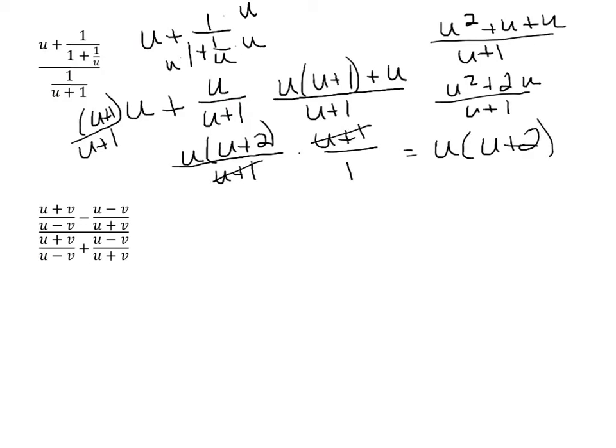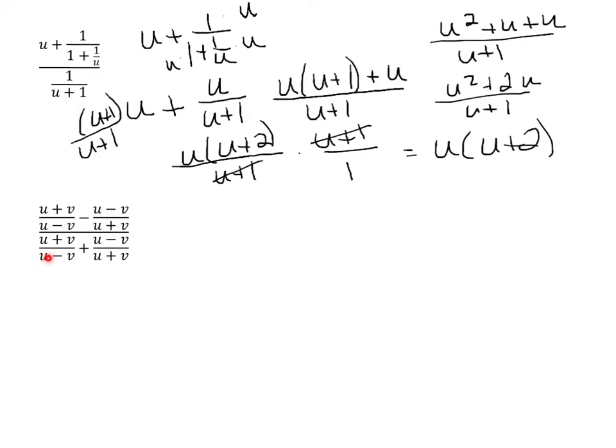This last one is another one where I would probably rather use method 1 rather than multiplying everything by u plus v times u minus v, because that would be the common denominator of everything.